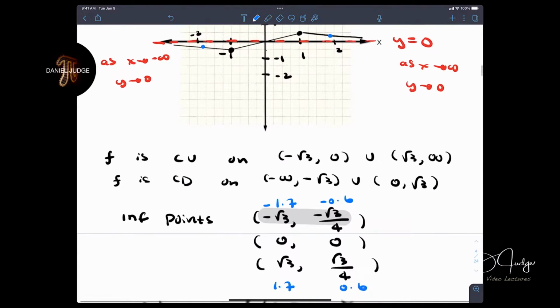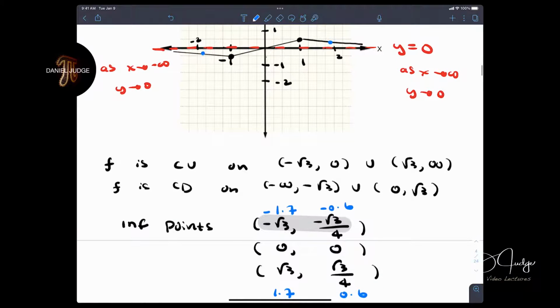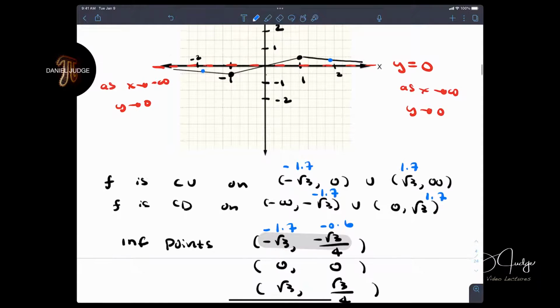So you are concave up. This is going to be negative 1.7, positive 1.7. So that 1.7 point here is pretty important.